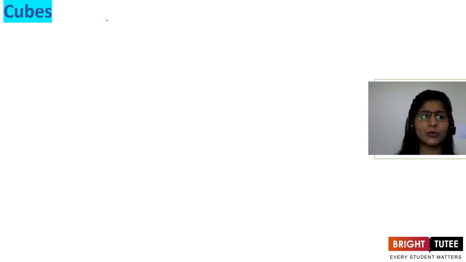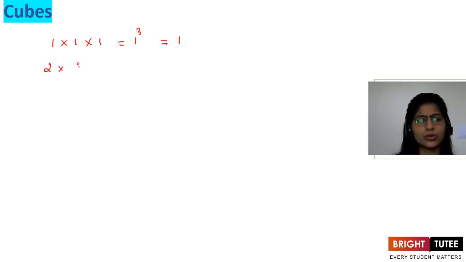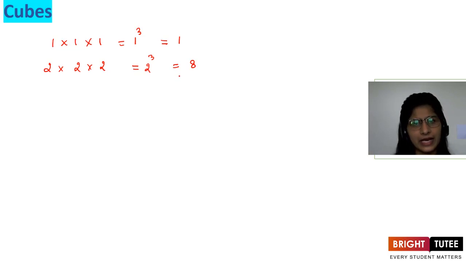So how to define a cube? Just see, I multiply 1 with 1 with 1. I get 1 to the power 3. This is known as cube of 1 and the answer is 1. If I write 2 into 2 into 2, that gives me 2 to the power 3 and the answer is 8. Clear? So it is known as cube of 2. So cube of 2 is 8.